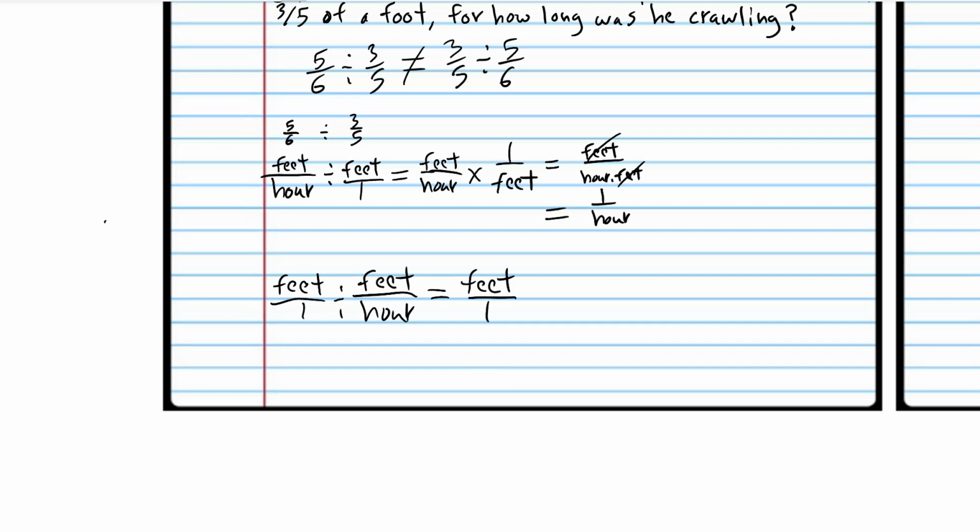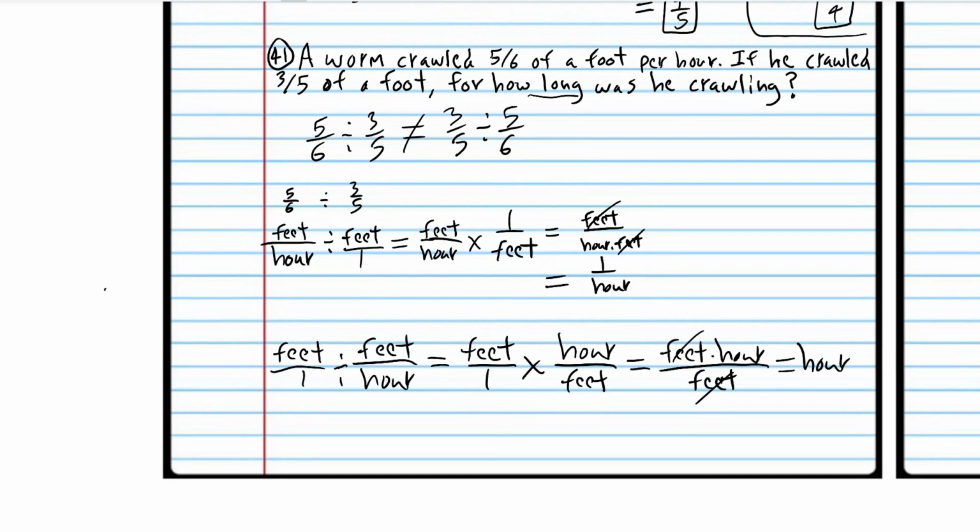So you switch the division sign to multiplication, you flip the divisor, and then you multiply straight across, so feet dot hour over feet, and look what happens. Feet cancel out and you're left with hour. That's what we're looking for. We're looking for how long was he crawling, in other words, how many hours.